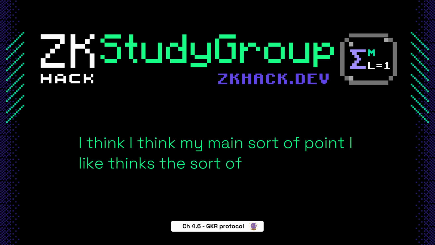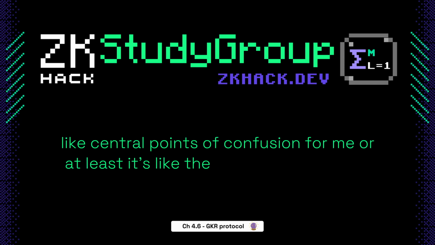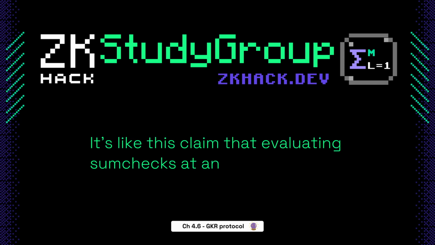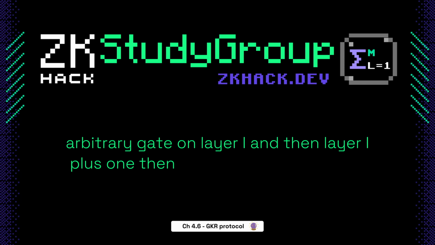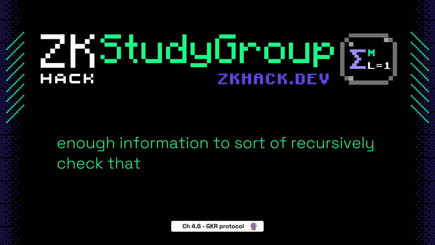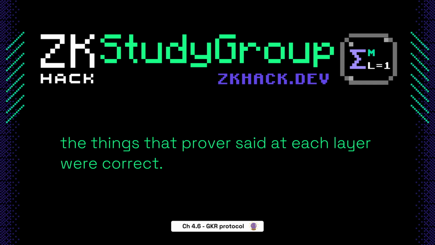I think the central point of confusion for me, or at least the thing that I think the rest of the protocol orbits around, is this claim that evaluating some check at an arbitrary gate on layer i and then layer i plus one, all the way back up to the input layer, gives the verifier enough information to recursively check that the things the prover said at each layer were correct.